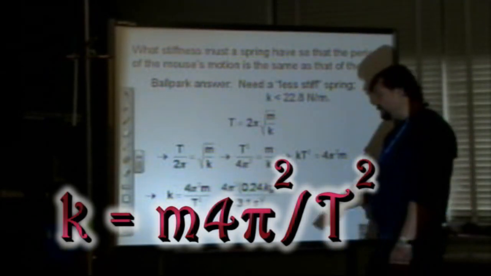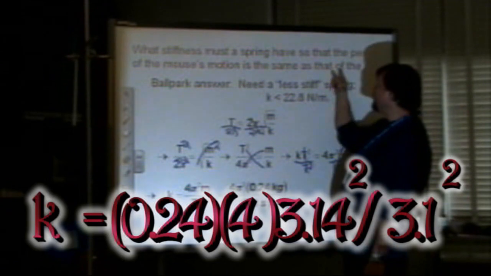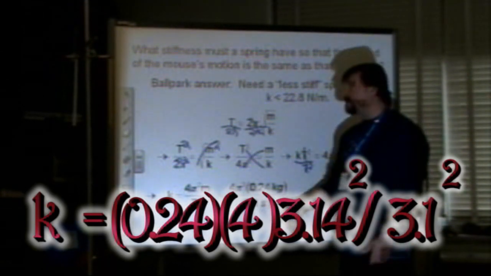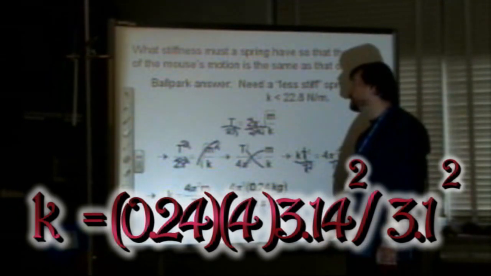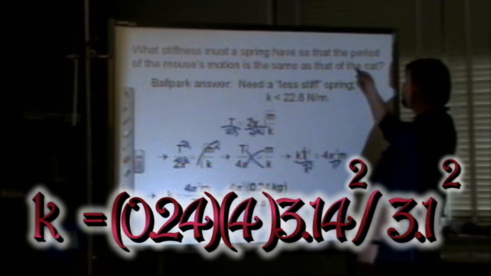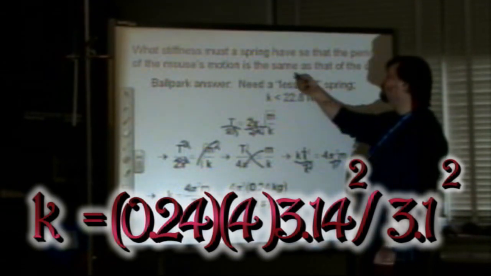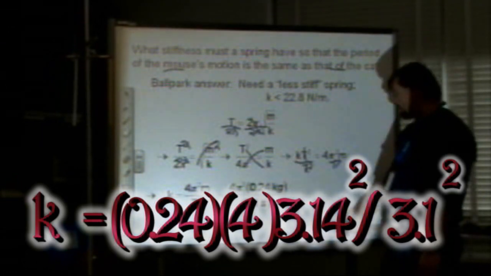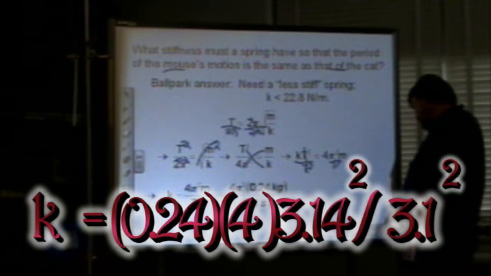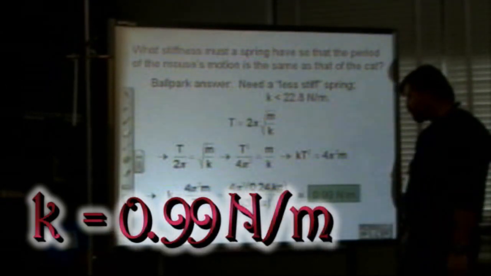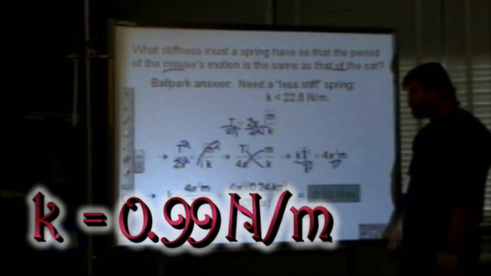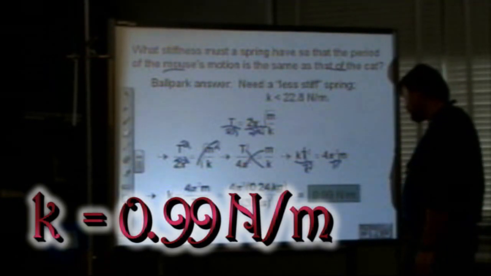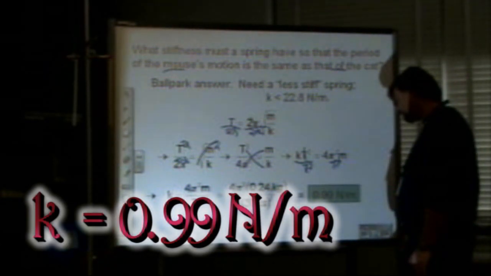We plug in our numbers, the mass of the mouse, and we want the time period for the cat. We have the same mouse mass and cat's time period, and we solve that out and we get 0.99 newtons per meter for the spring constant.